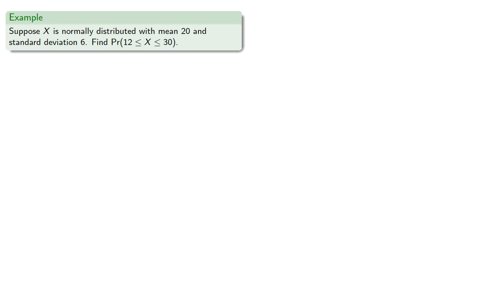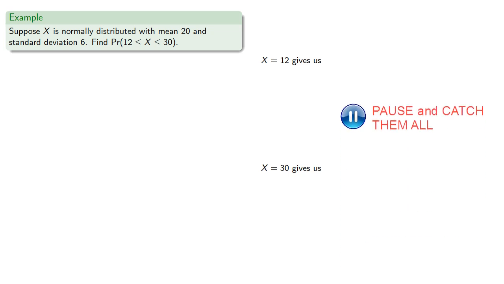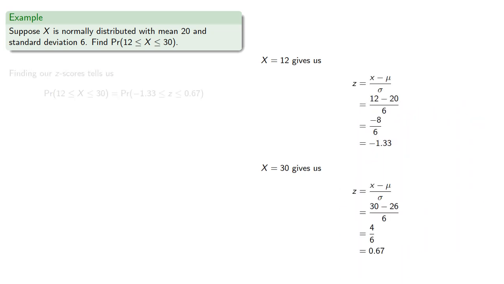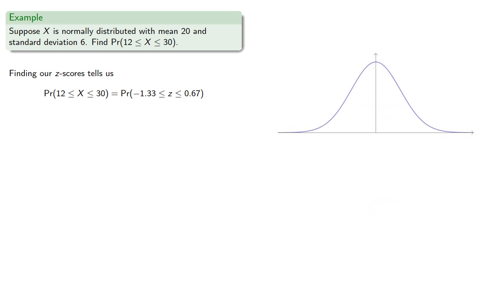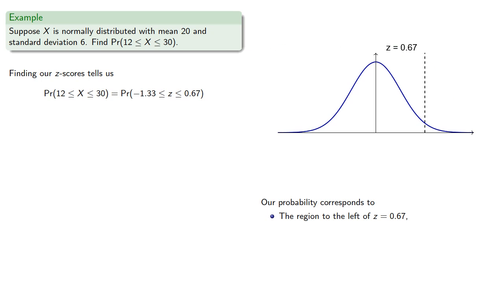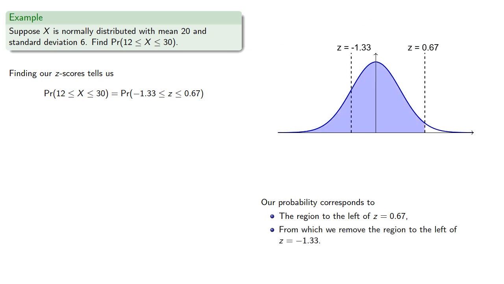Or we could find the probability we fall in some interval. So for this, we'll need the z-scores of both endpoints. And so that's the probability that z is between these two numbers. So our probability corresponds to the region to the left of 0.67, from which we remove the region to the left of negative 1.33.